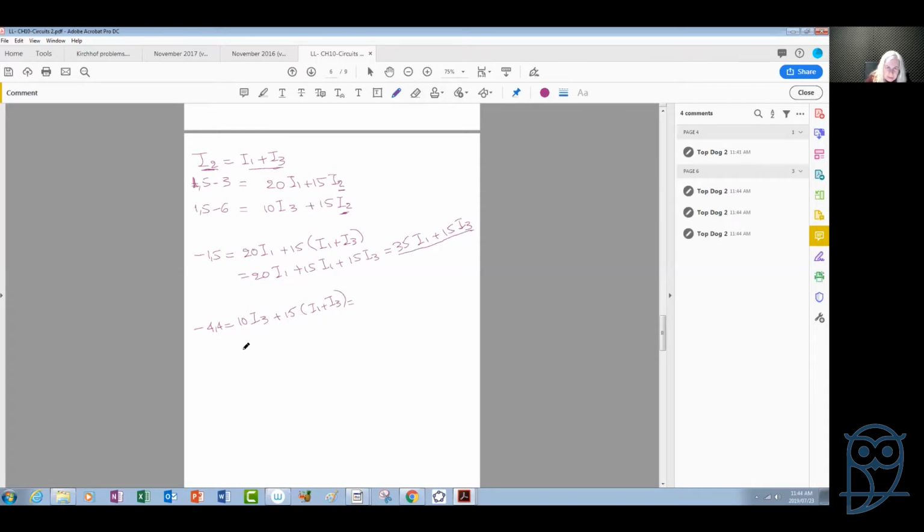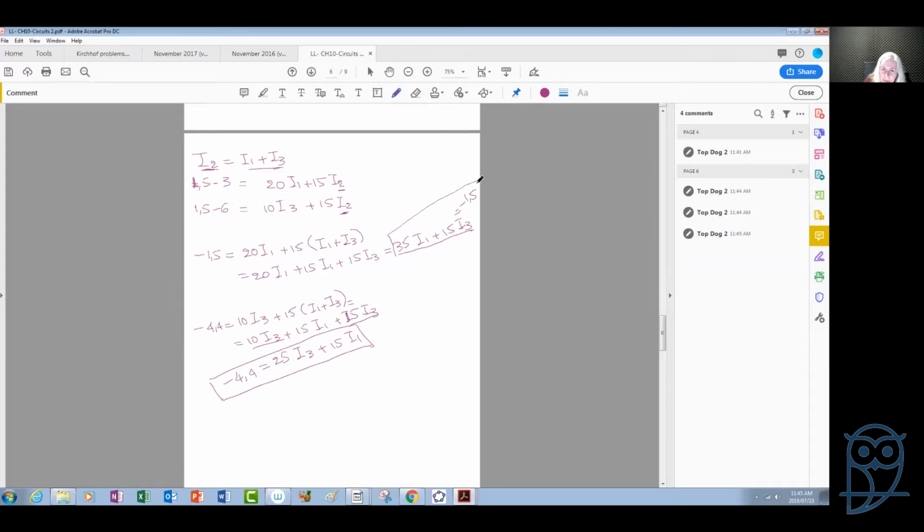And this is 10 I3 plus 15 I1 plus 15 I3. So 10 plus 15 I3 is 25 I3 plus 15 I1. And this is equal to minus 4,4. So there we have one equation, and this other equation is equal to minus 1,5.